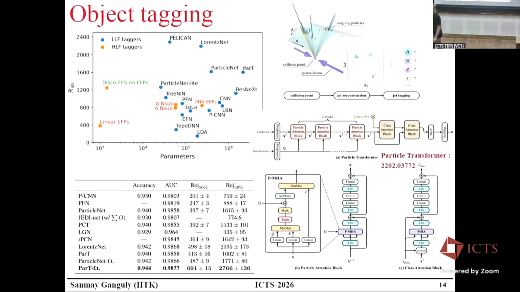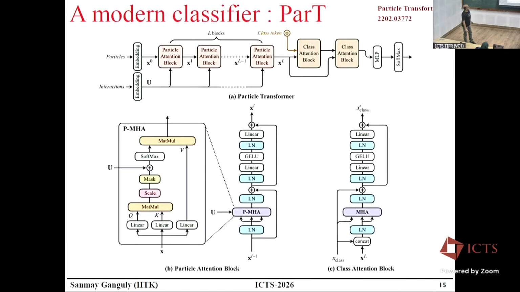Okay, so now, since this turned out to be the Particle Transformer, quite a popular architecture, it won't be a bad idea to try to understand how it works. Those of you who have done a little bit of machine learning must be familiar with the transformer architecture. And at the heart of the transformer architecture is something called the attention mechanism.